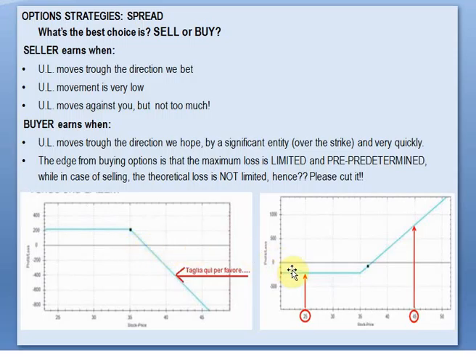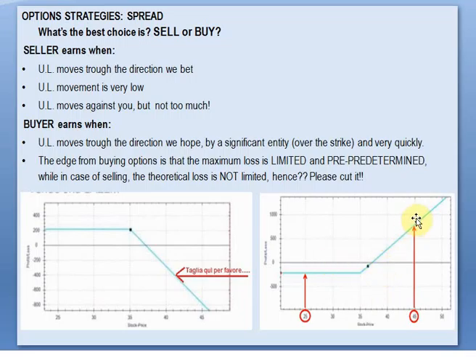Buyer, that's the case. Here I'm buying a call, here I'm selling a call. The buyer earns when the underlying moves in the direction we hope, but by a significant amount over the strike and very quickly.